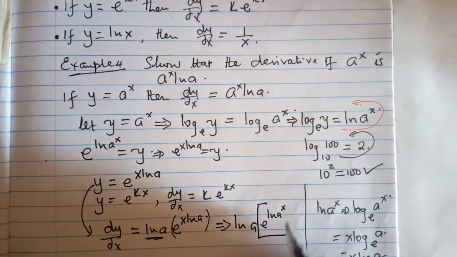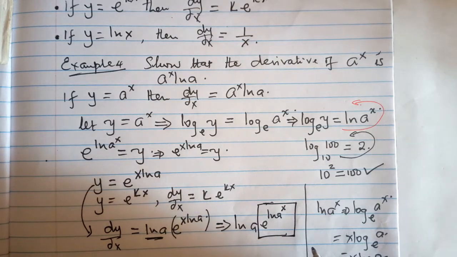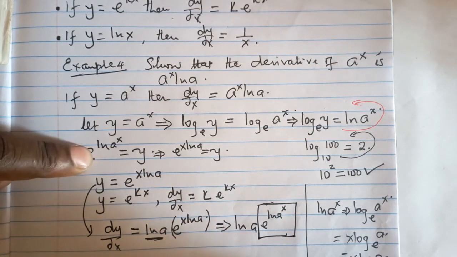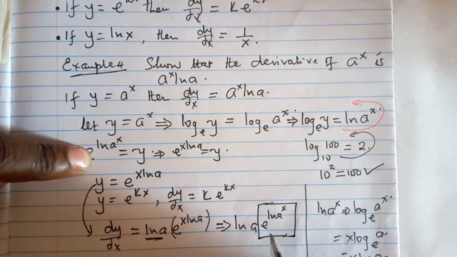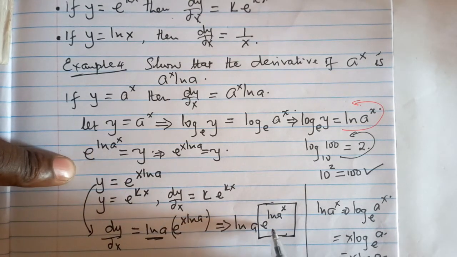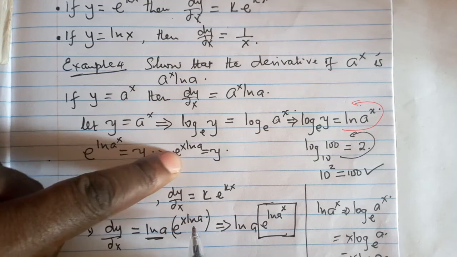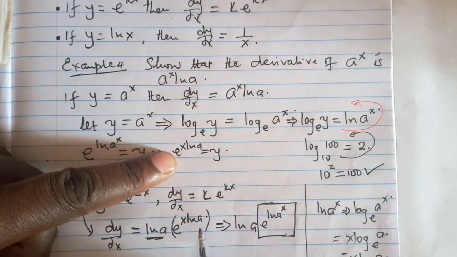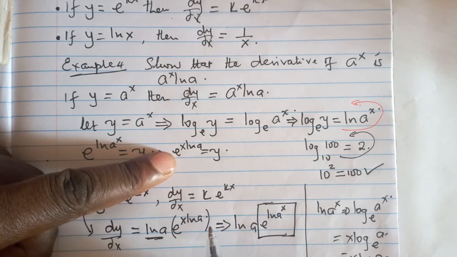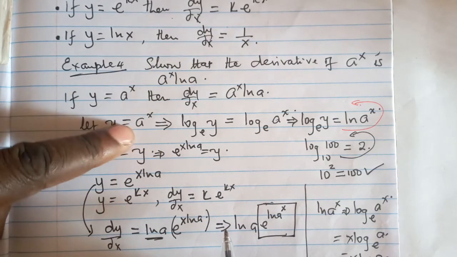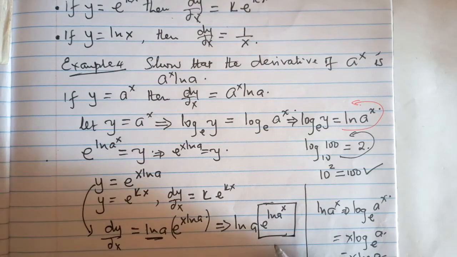If you want to revisit that part, e raised to power ln a x, or e raised to power x ln a, is simply y. But originally, what was y? Originally, y was equal to a raised to power x.